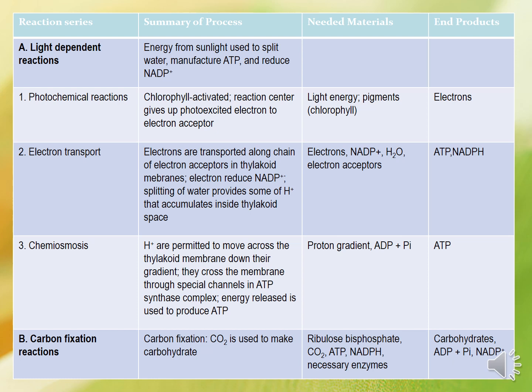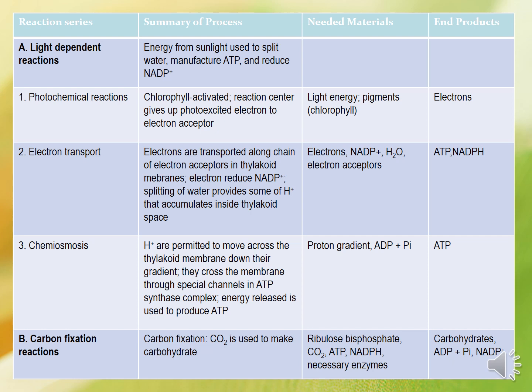They also involve the reaction center, which gives up a photoexcited electron to the electron acceptor. This is when the electron of chlorophyll A receives photon energy from the accessory pigment that they get from the light. So that electron will be excited to the primary electron acceptor.